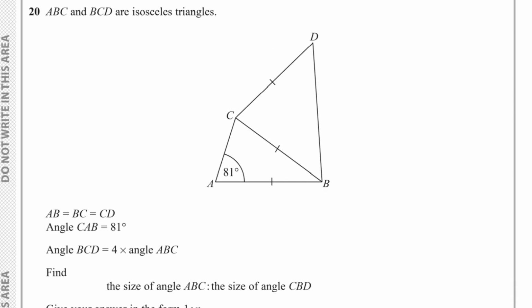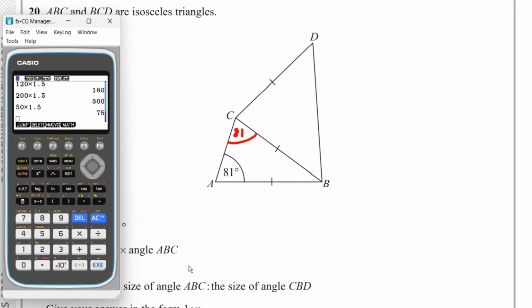Well, we know that the base angles in an isosceles triangle are equal. So this angle here will also equal 81. So to find out what this angle is, we need to do 180 minus 81 minus 81, which is 18.